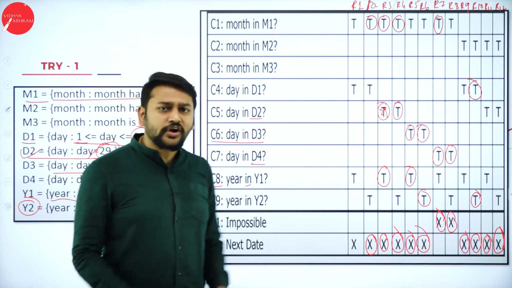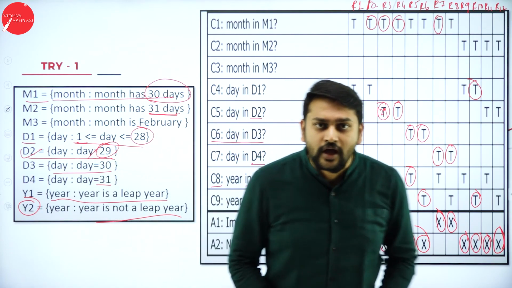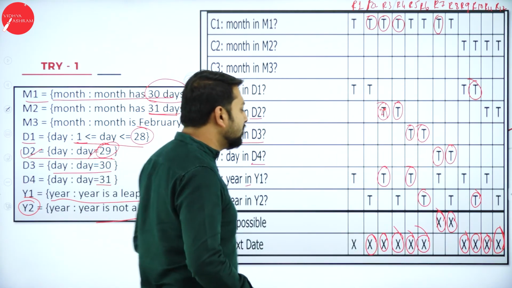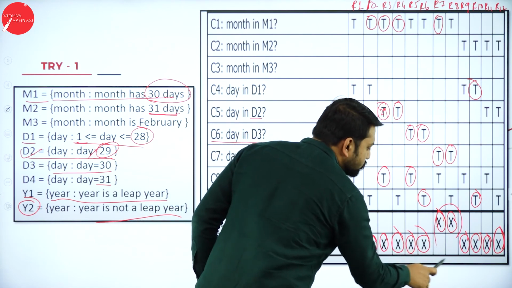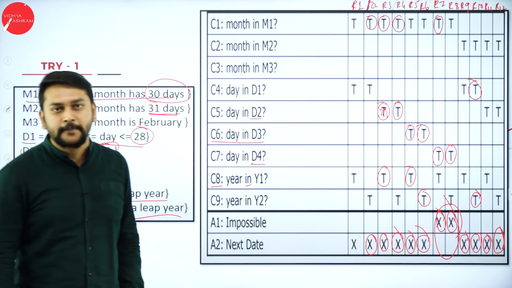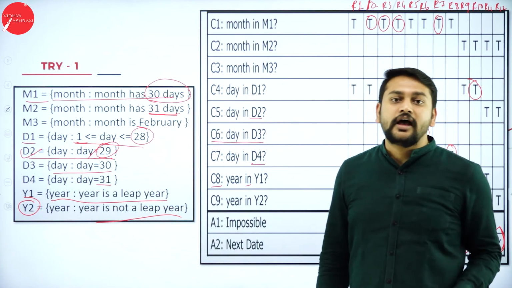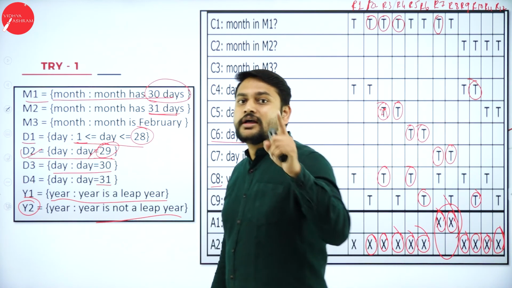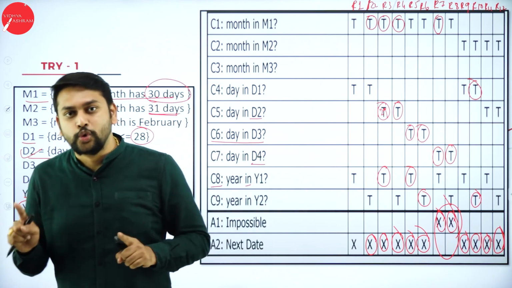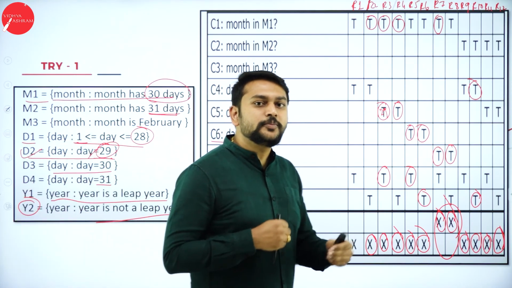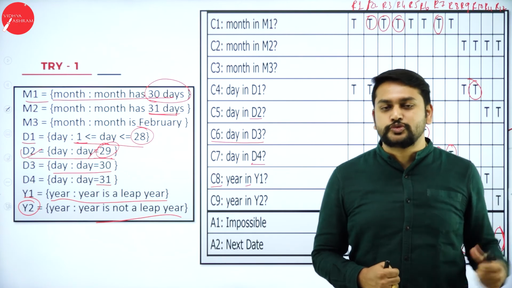But what is it that you have observed? I will not be able to calculate in these two conditions. So I failed here. So then how do we solve this? For that, I will be coming up with the next try, try 2. In that try 2, we will be enhancing this problem.